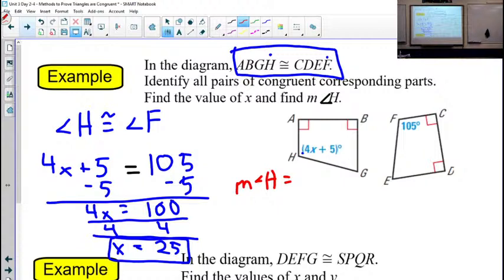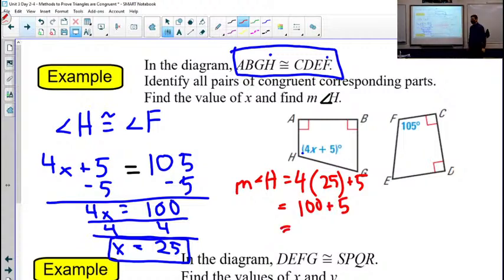Since h should match up with f, we should be able to figure out what angle h has to be. But let's double check that our answer is right by plugging 25 in for x. So I got 4 times x is 25 plus 5. Let's see, 4 times 25, that's 100 plus 5.